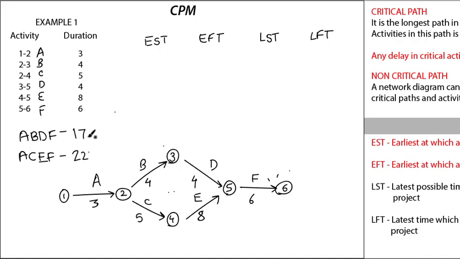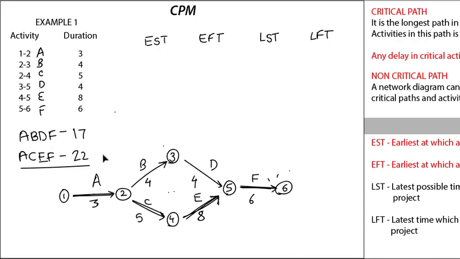The bigger number is ACEF, which means ACEF is the critical path. Critical path is usually denoted with double arrows. So ACEF is our critical path, which is 22 days.